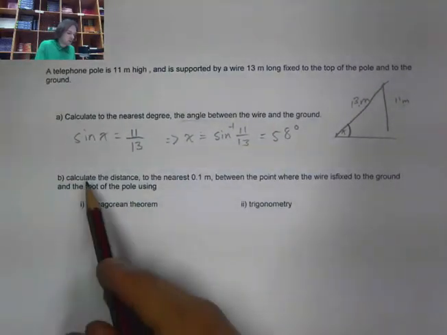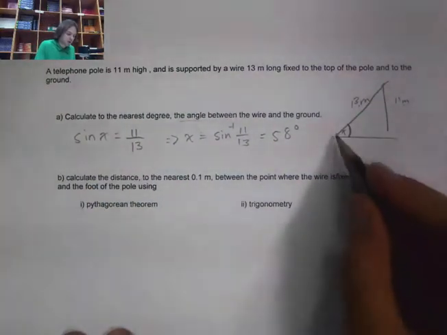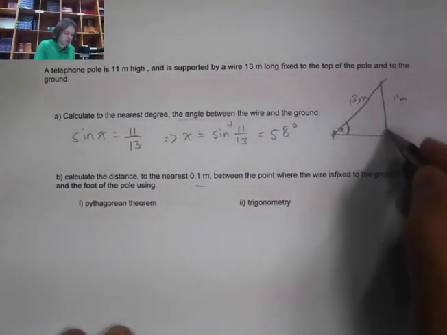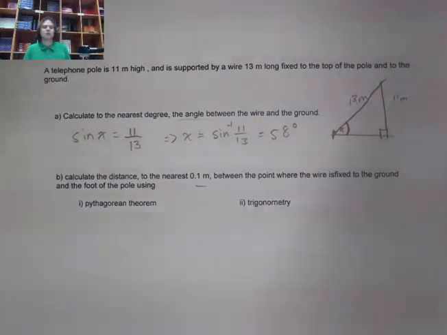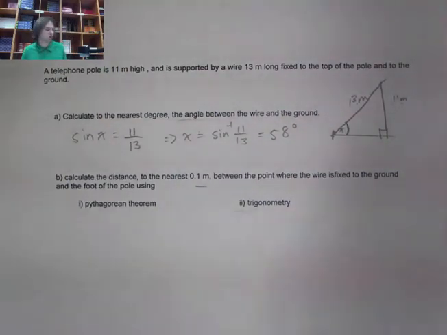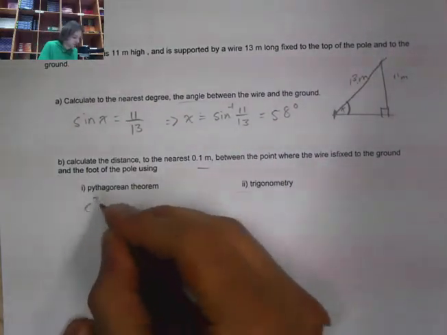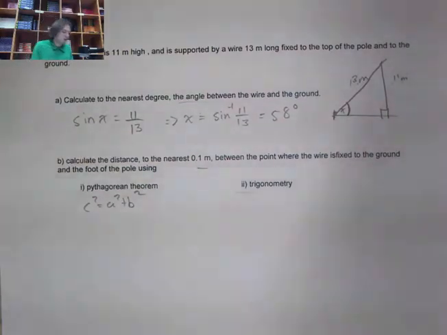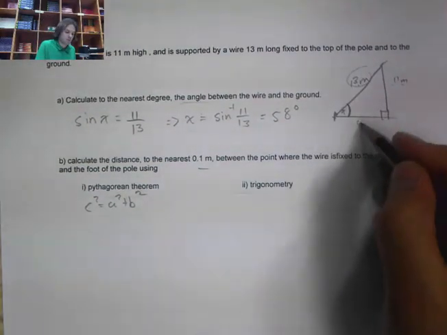Now, it wants us to calculate, to the nearest 0.1 meters, how far it is between the point on the ground and here. There are two ways of doing that. I could use the Pythagorean theorem, or I could use my trigonometric ratios. The first one wants us to use the Pythagorean theorem. So we know c squared is equal to a squared plus b squared. Now, we want to find my a.